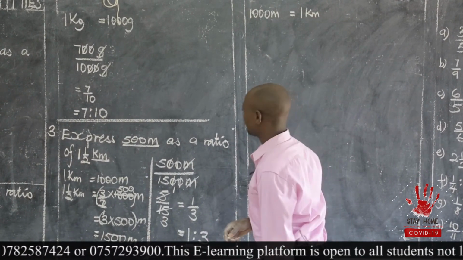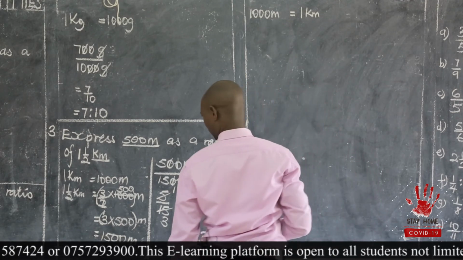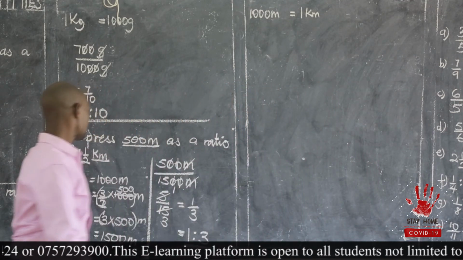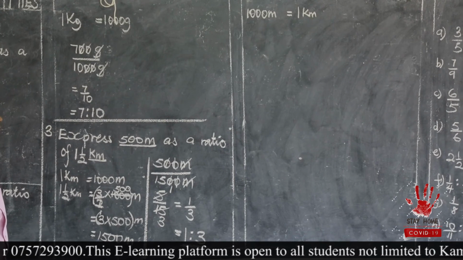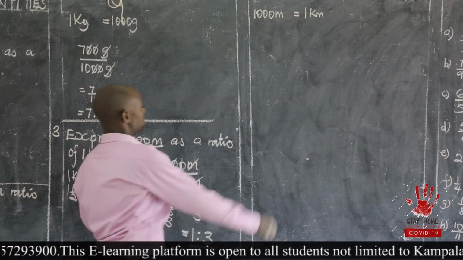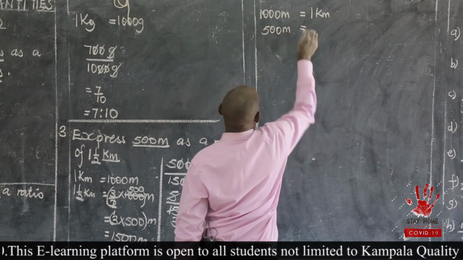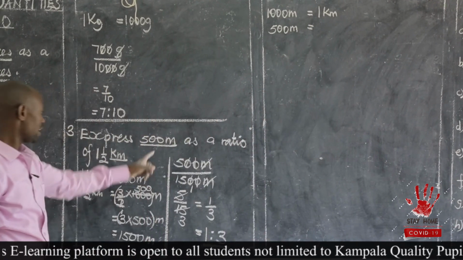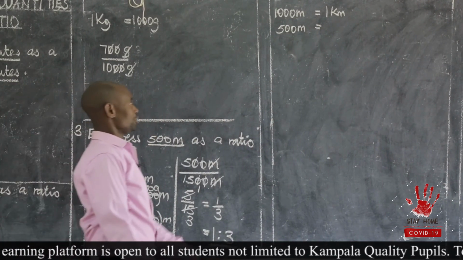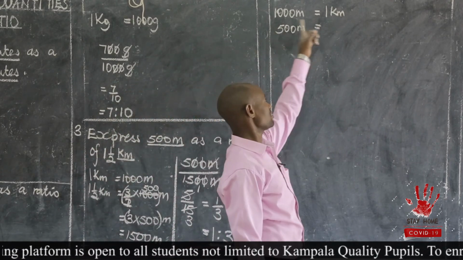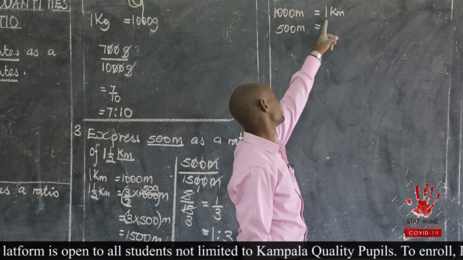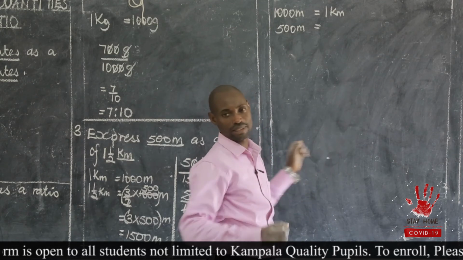You remember that? Yes. What about if you have 500 meters? You can see from 1,000 to 1, you are reducing.